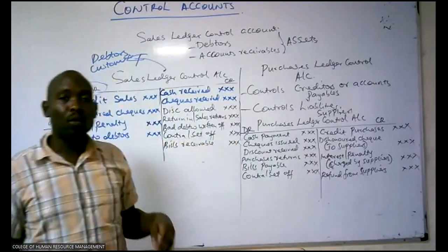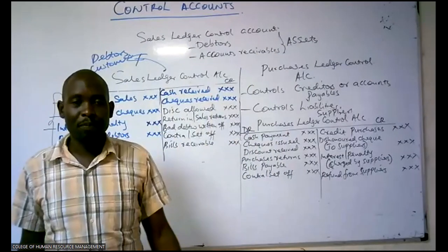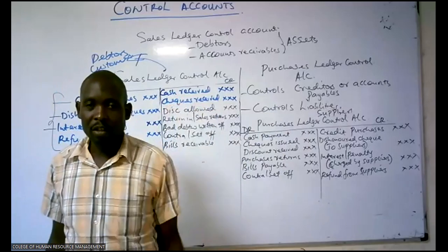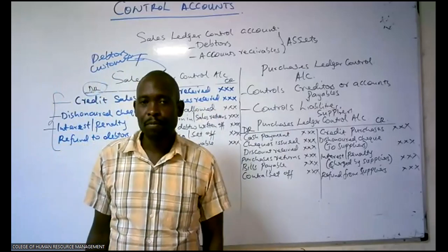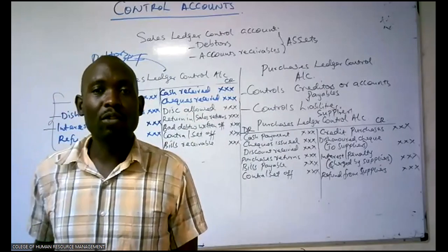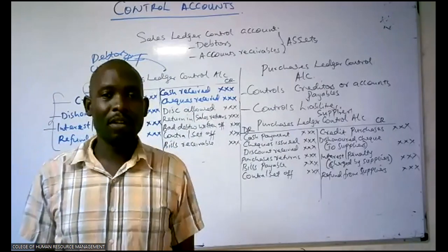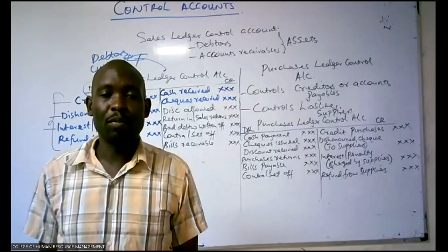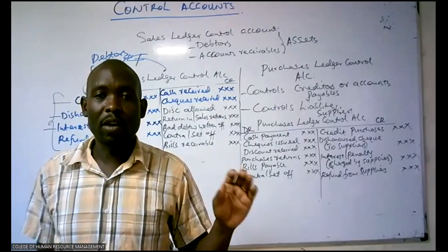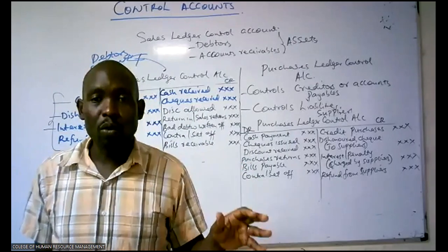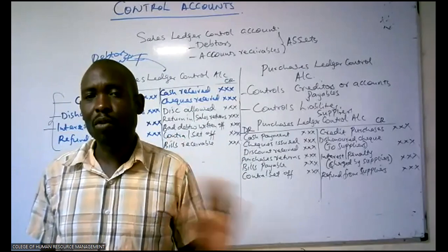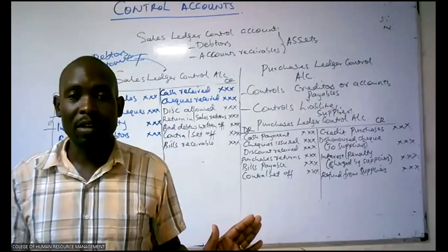Because when I sell goods on cash basis, when I sell goods to you on cash, you are not my debtor because you are paid. A debtor is the person who has not paid for the goods purchased or goods sold to him. So cash sales and cash purchases are not recorded in the control accounts because they are not debtors or creditors. They don't create debtors or creditors.